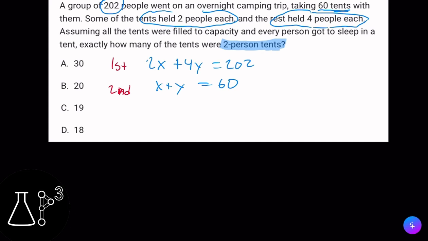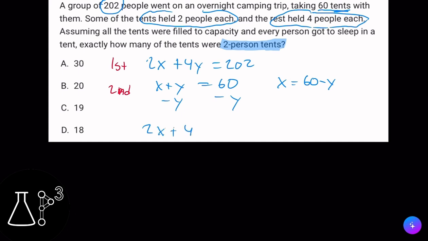Just subtract y on both sides, which gives me x equals 60 minus y, and now I plug that into my first equation, which becomes 2x plus 4y, and then we plug in x.